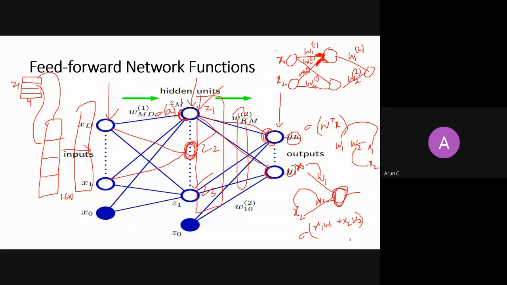And this other one is X1 W2 plus X2 W4. You multiply and then sum it. This is your new A. So you can say this is my A1 and this is A2, and you apply the sigmoid, then you will get Z1 and Z2.